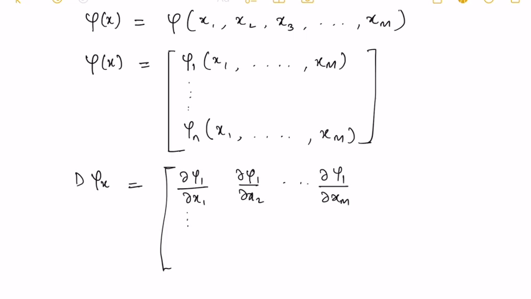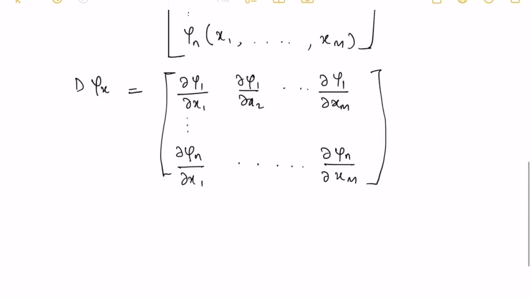And similarly, we have the derivative of psi n with respect to the first coordinate, and so on, up to the derivative of psi n with respect to x m, right? So we get this matrix. Now note that this is an n cross m Jacobian, right?